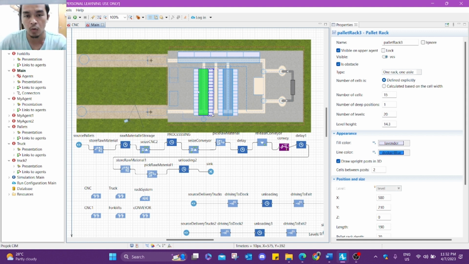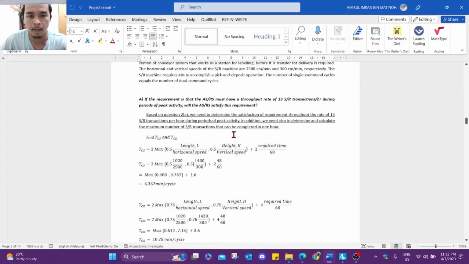Thus, we have four rows: 1, 2, 3, 4. So 300 times 4 rows equals 1200 pallets.